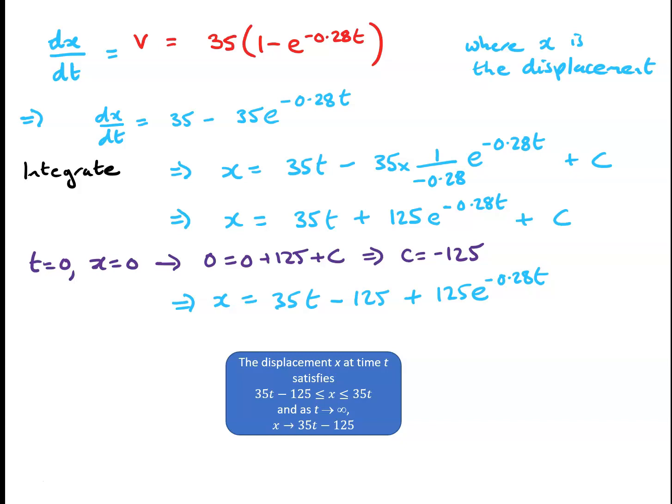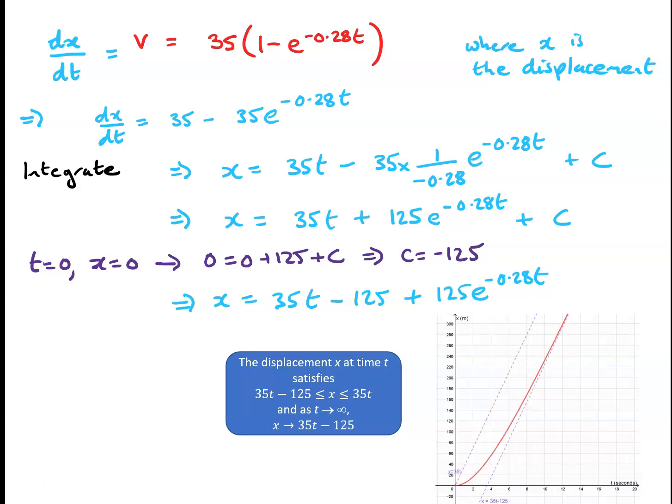So on the graph, the solid line is the graph of x against t, whereas the dotted lines are the lines x equals 35t and x equals 35t minus 125.